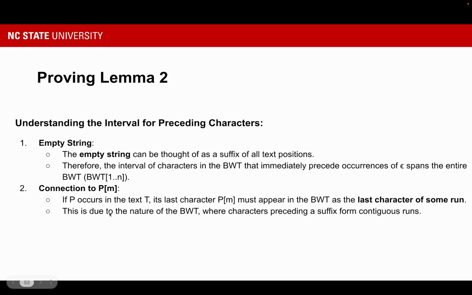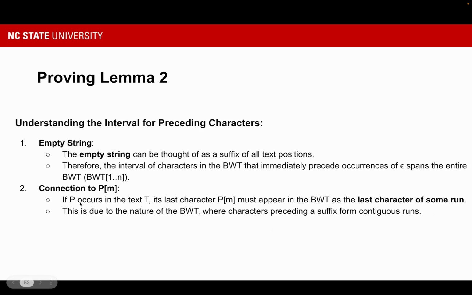So the connection to P of m, which is the last character of a specific pattern in the text T. The last character that we mentioned must appear in the BWT as the last character of some run.